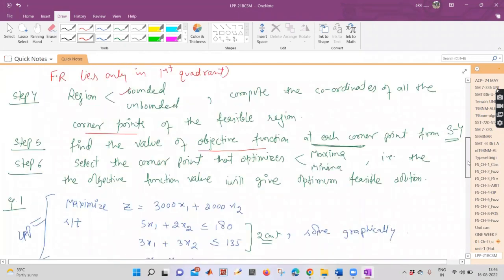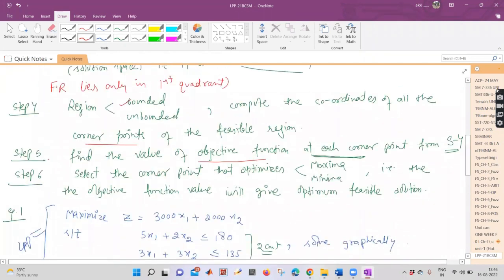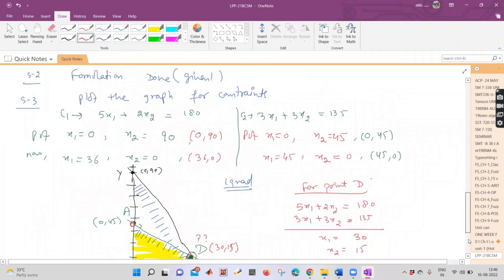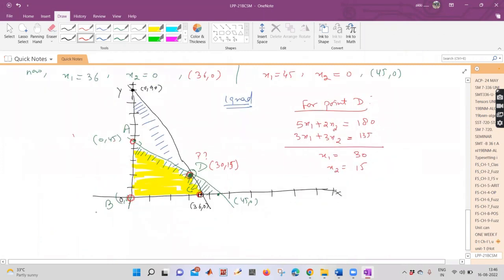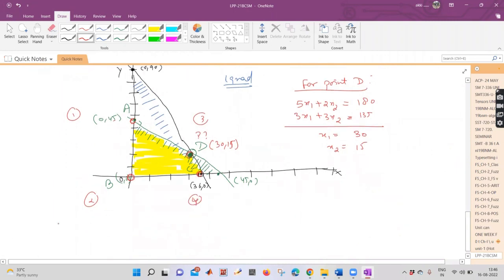Now what do you need? Our step 5. It says we need the value of the objective function at each corner. So now we have 4 corners: 1, 2, 3 and 4. So we need the value of the objective function z1, z2, z3, z4.